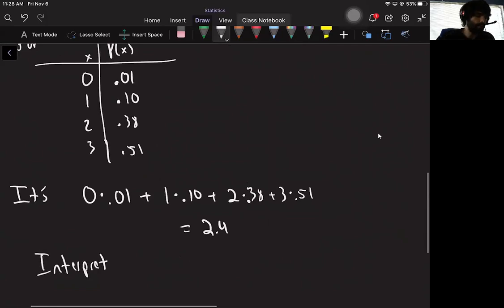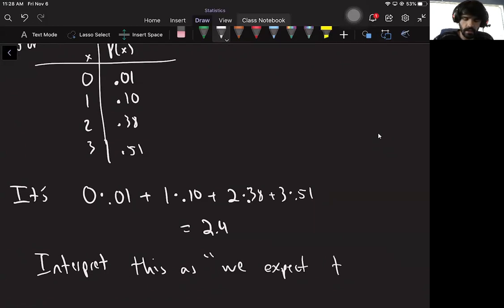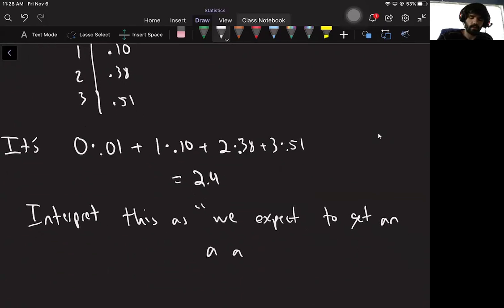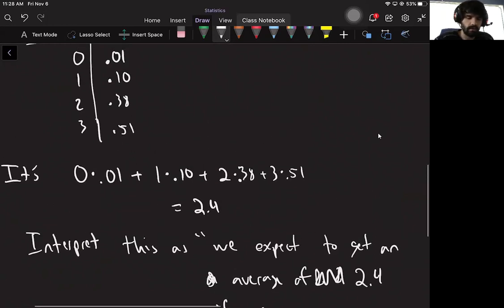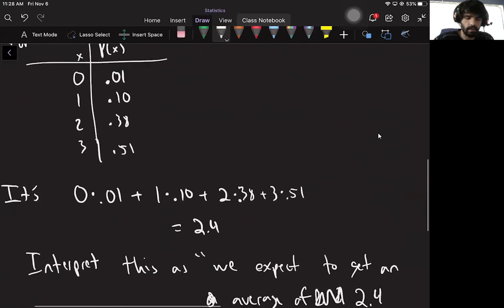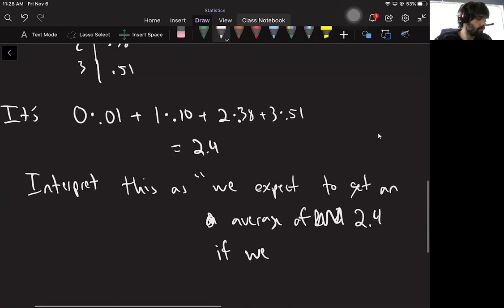because I don't have data, I have a probability distribution, you interpret this as something like this. We expect to get an average or a mean of 2.4 if we randomly picked 0, 1, 2, or 3 according to these probabilities.